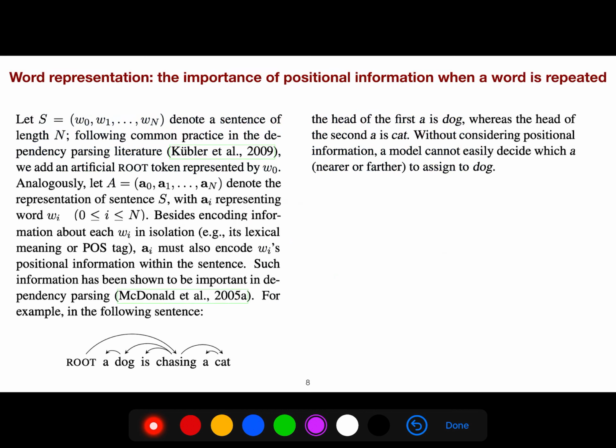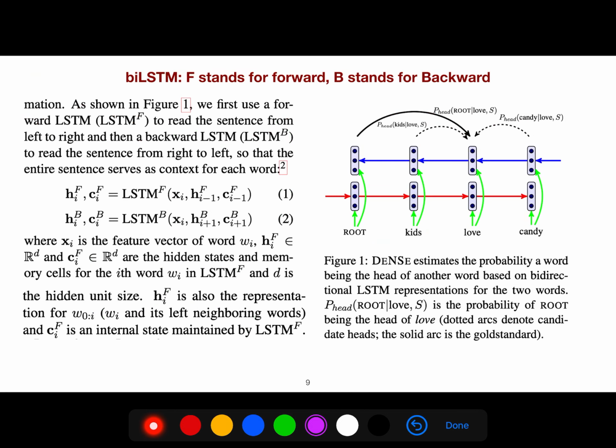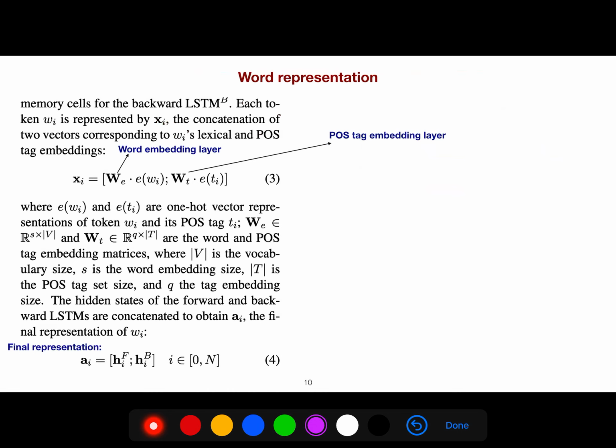In word representation, positional information is important when a word is repeated. For example, A is repeated. If you just use word2vec and say A is this vector, it doesn't carry much meaning. It cannot distinguish this A from that A, and that's why position is important. But in this paper, they only consider the contextual level, which they obtain using a BiLSTM.